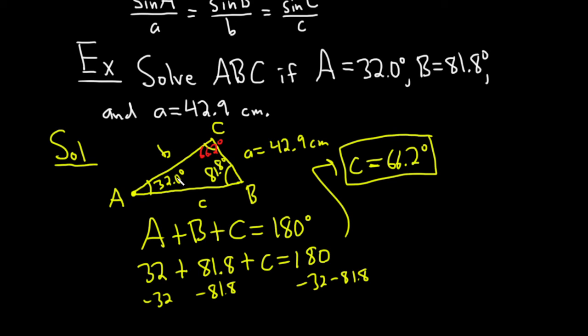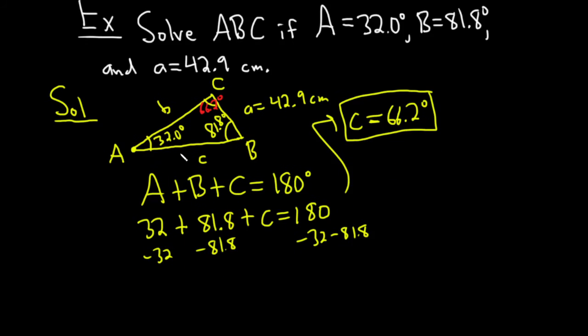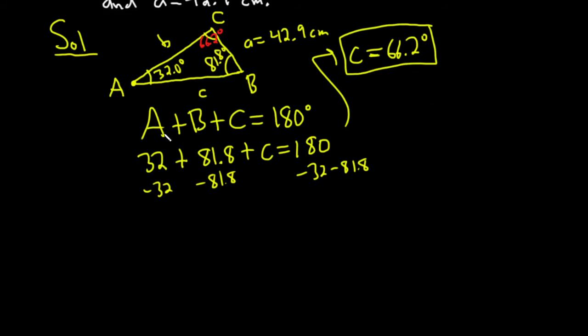So now we just need to find little b and little c. So let's go ahead and try to find little b. To find little b, note that we can use what's given. It's always better to use what's given. So let's use little a. So we know that a over sine A is equal to b over sine B. We have everything here except little b.